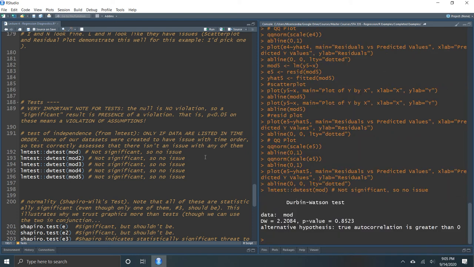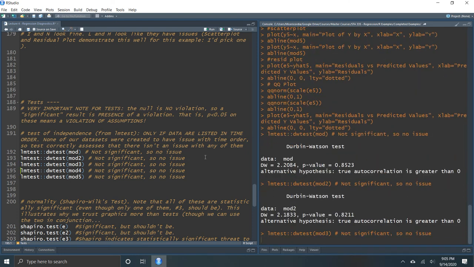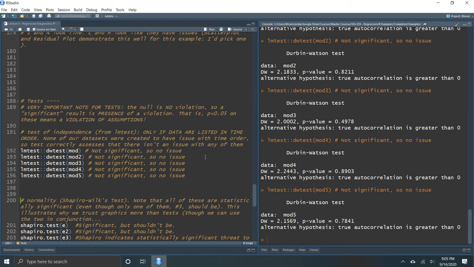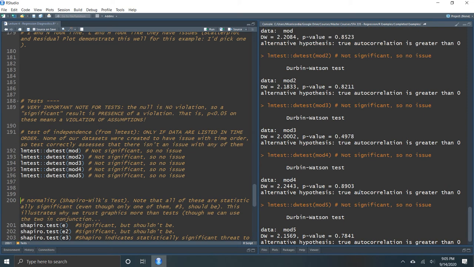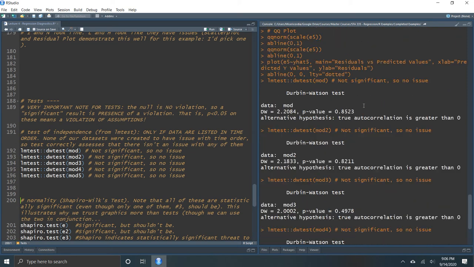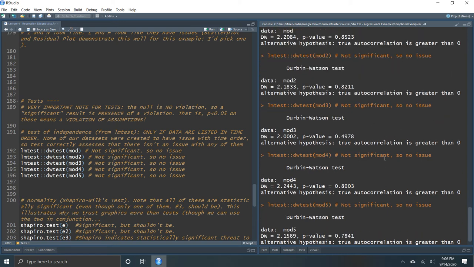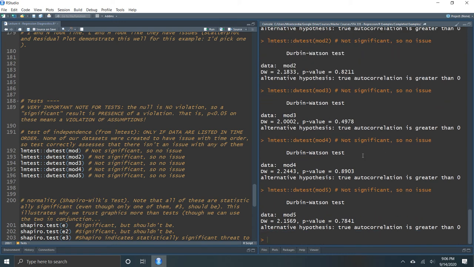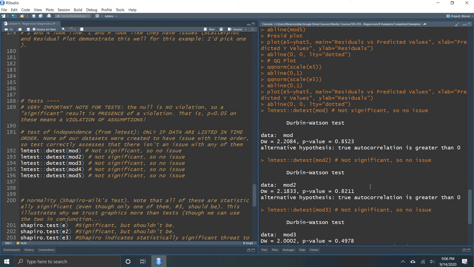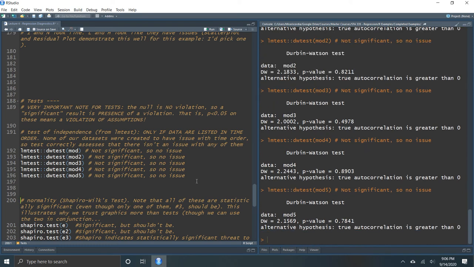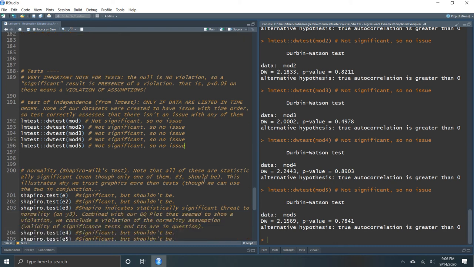For each of the models, we find that there is not enough evidence to reject the null hypothesis, which is good. None of these should be statistically significantly different because we know, because we generated the data, that none of these have dependency issues. All of these numbers were randomly generated, so all of them are independent.